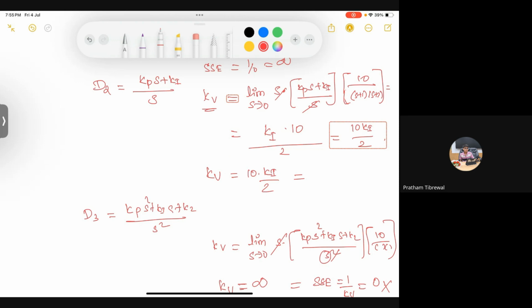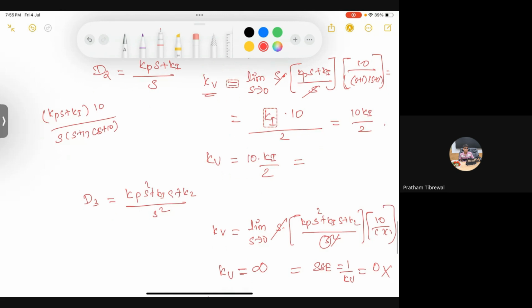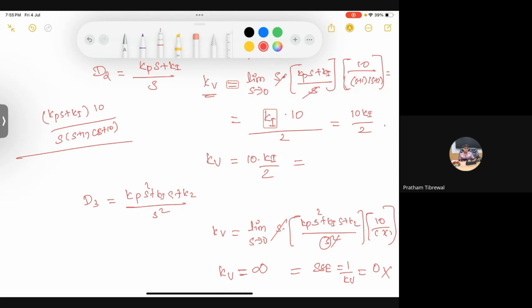This will be Kp plus Ki into 10 divided by s into s plus 1 into s plus 10. Give me a minute. Okay, I think I made some mistake.